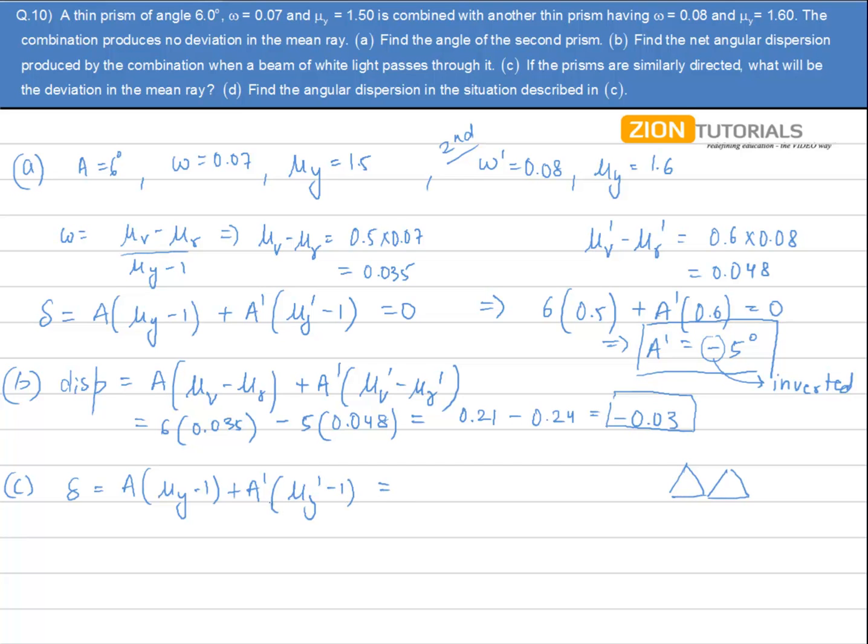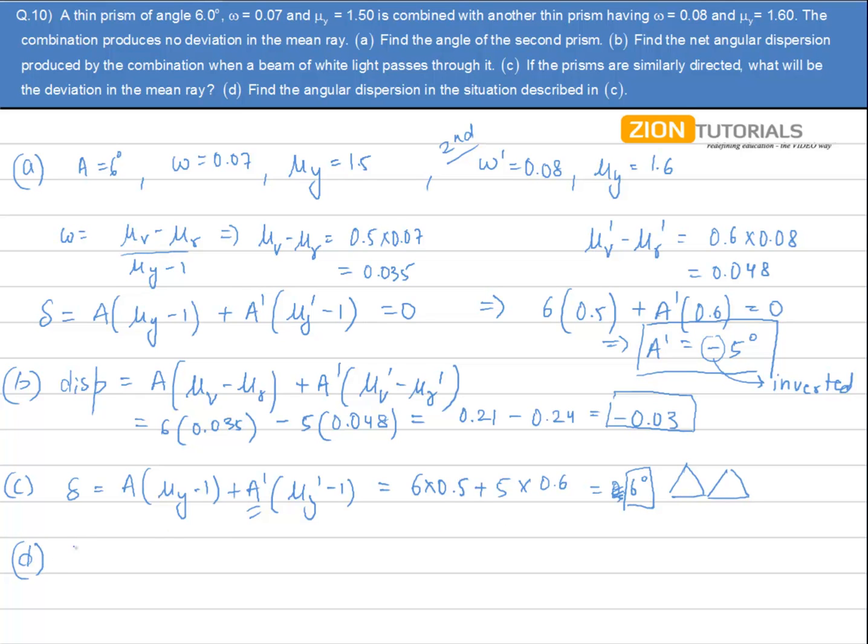Now here for A dash we would use plus 5, right? So 6 into 0.5 plus 5 into 0.6, right? So this will come out to be 6. So deviation will be 6 degrees.